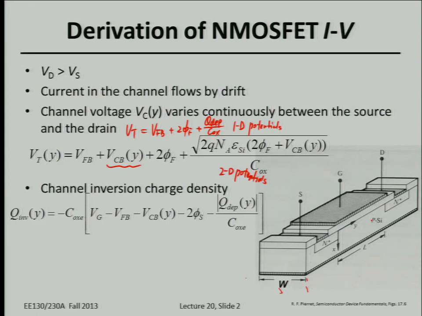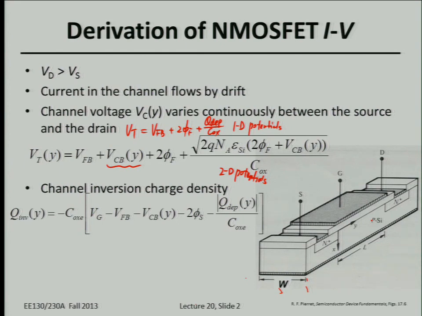But if you look into the drain end, the region of the silicon channel close to the drain side, that's going to be your drain bias, VD, right? So you are expecting a voltage drop from VD to ground along the channel direction. And basically that's why we call VCB a function of Y. And we're going to see the impact of that term on the overall MOSFET threshold voltage.